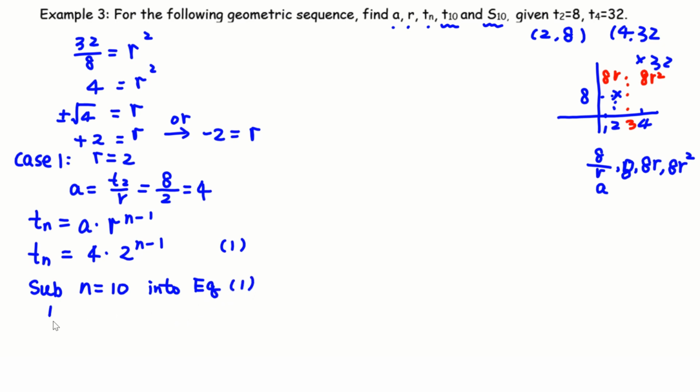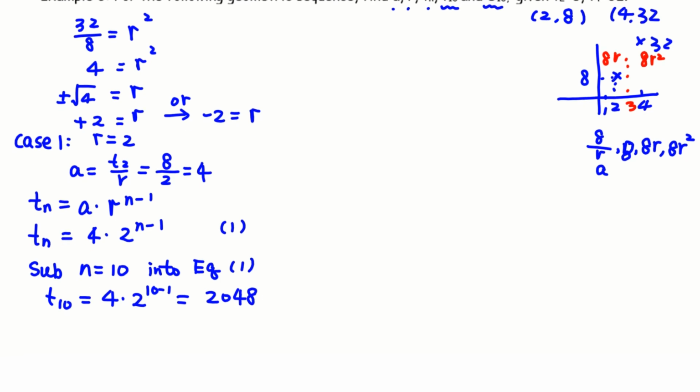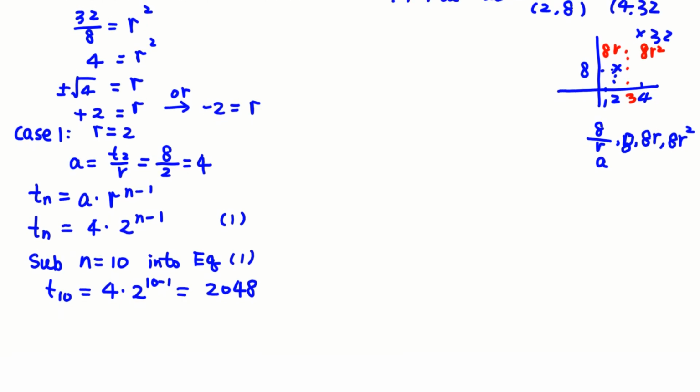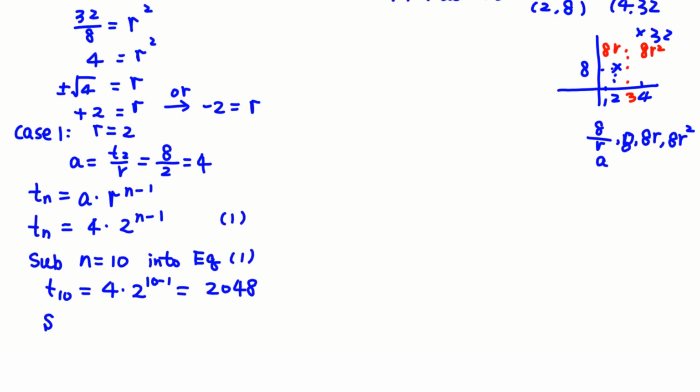We are going to have t10 equals 4 times 2 to the exponent 10 minus 1. Then do the calculation, we have 2048. So that is for t sub 10. Then s sub 10. We are going to use the S sub n formula. It is a times r to the exponent n minus 1 divided by r minus 1.